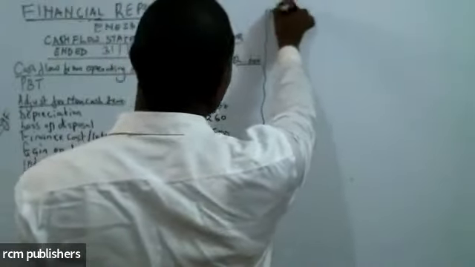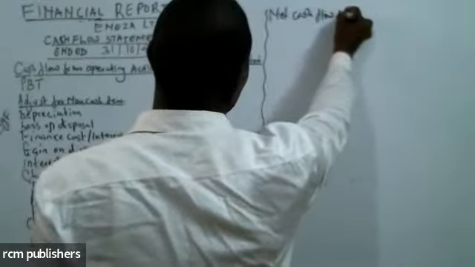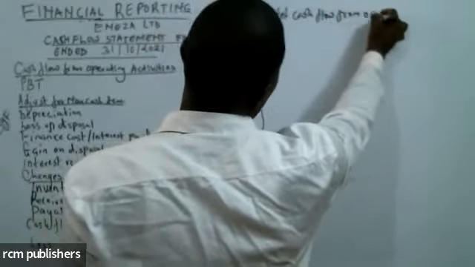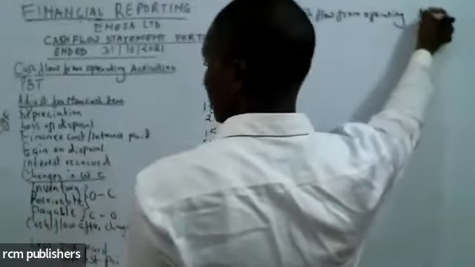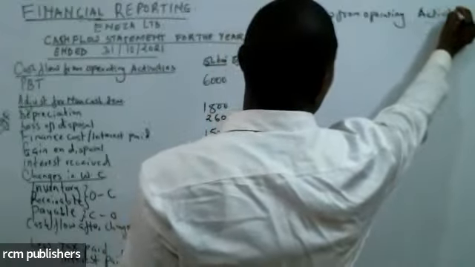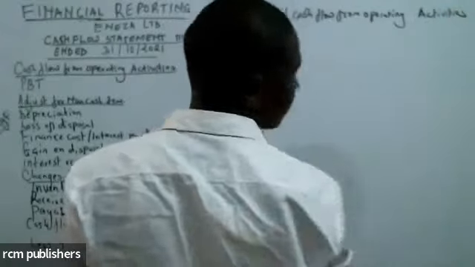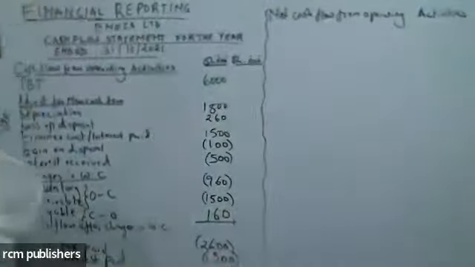It's visible, net cash flow from operating activities. So I'll adjust my camera a bit so that you're able to see.